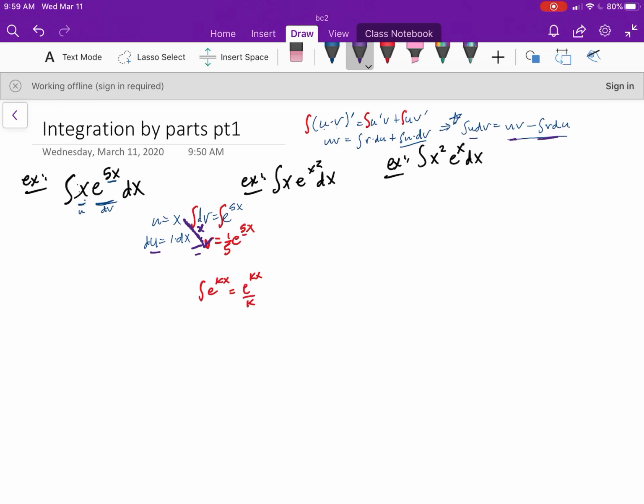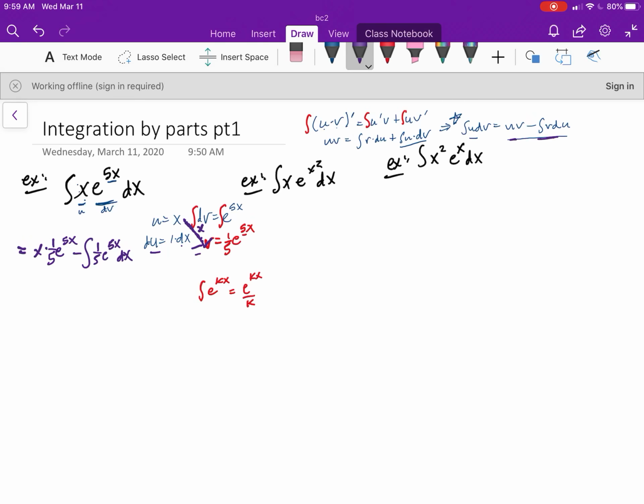So therefore, that original integral of u dv is uv, so x times 1/5 e to the 5x, minus the integral of v du, 1/5 e to the 5x, and du is just dx. We used this u and v and dv and whatnot, and we got right back to x's. This problem now has all x's, we're good to go.